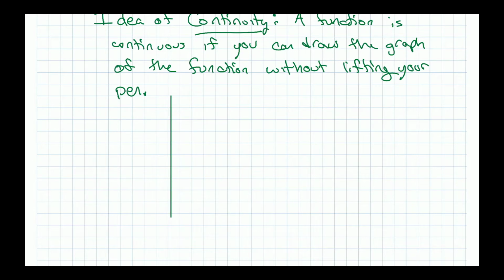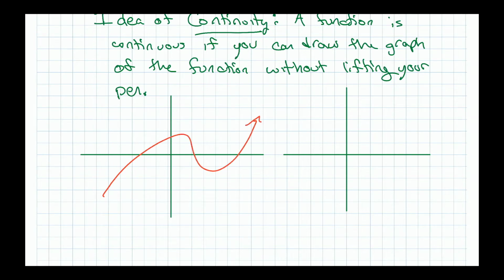A couple graphs here. If you have a function that looks like this, then you're able to trace the curve all the way, and you never have to lift your pen.